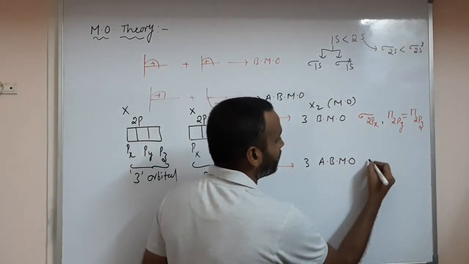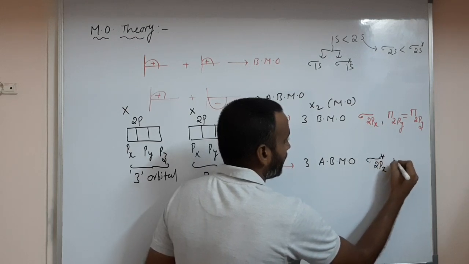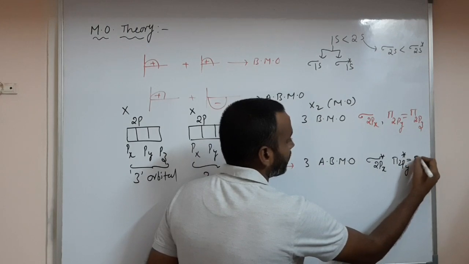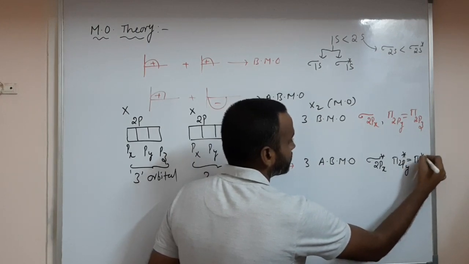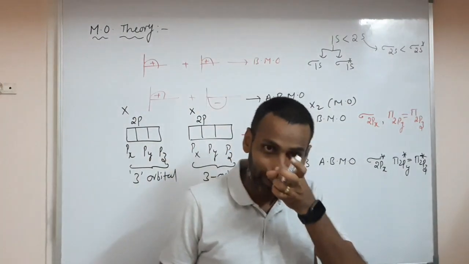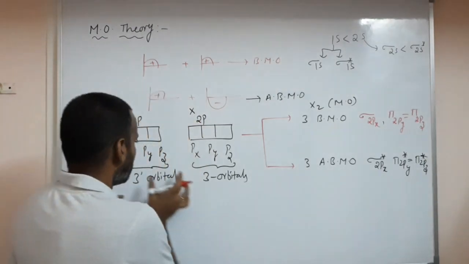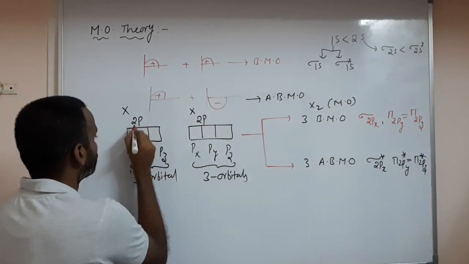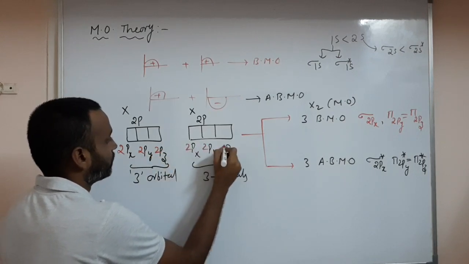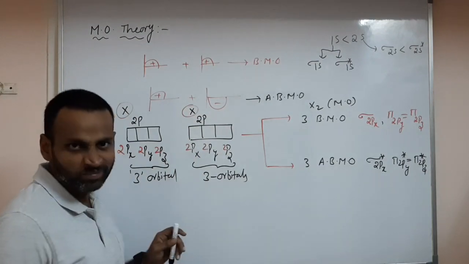And the remaining anti-bonding orbitals you have to write like this: sigma 2px star, pi 2py star and pi 2pz star. We indicate anti-bonding molecular orbitals with a star. Understanding, everyone? So 6 atomic orbitals: this is 2px, 2py, 2pz, and 2px, 2py, 2pz of another X atom.